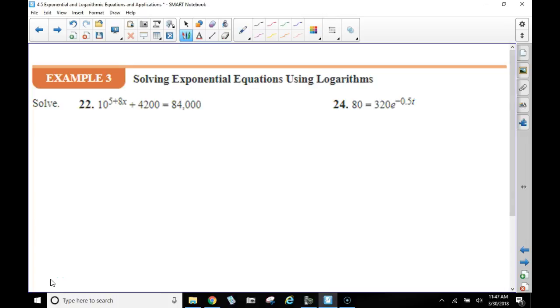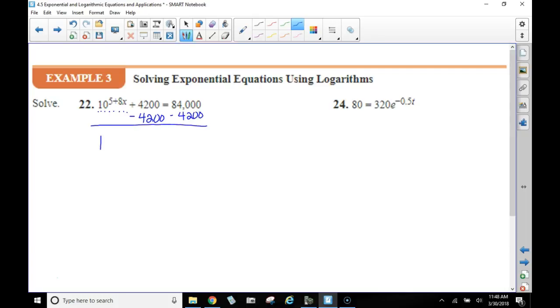All right, more solving exponential equations in example 3. The first thing, recall, we were instructed to do was to isolate the exponential term on one side. We're going to accomplish that by subtracting 4,200 from both sides.